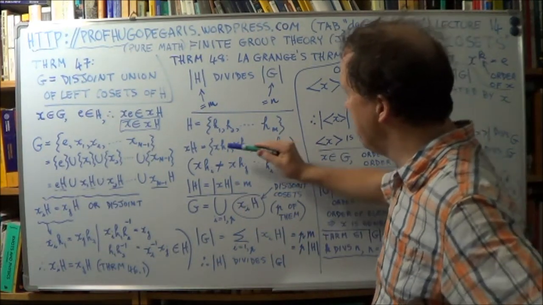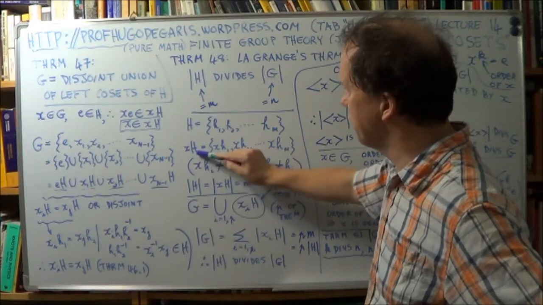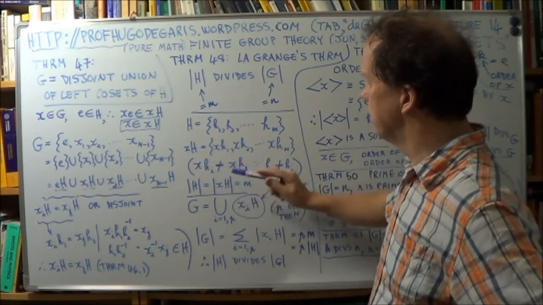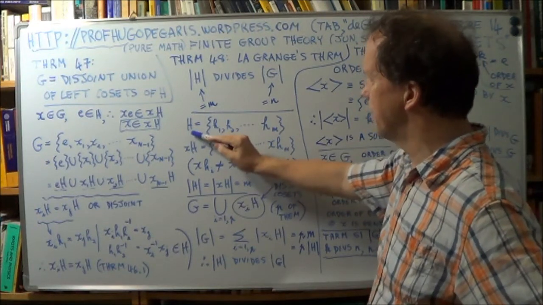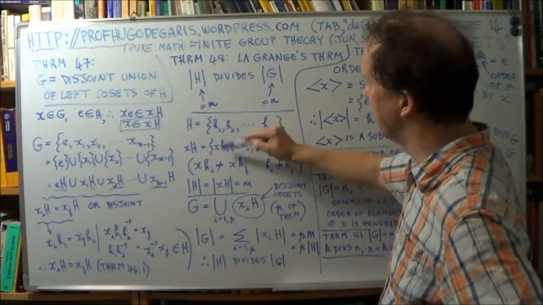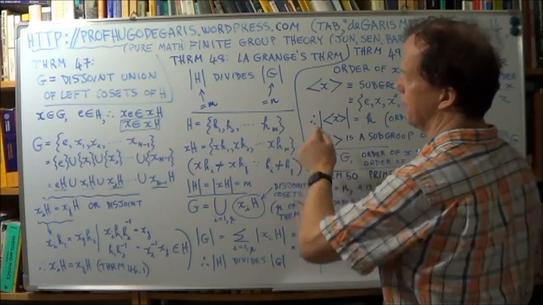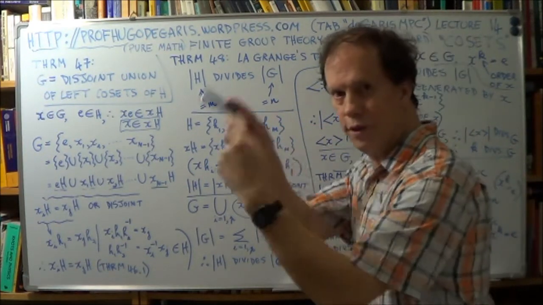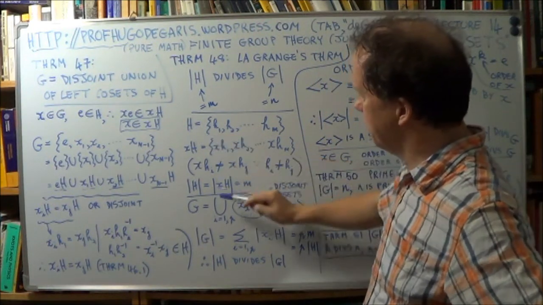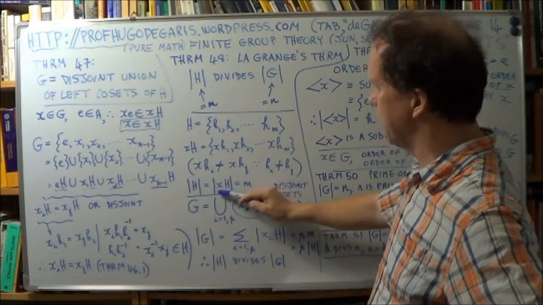Now look, how many elements do you have in xH? How many elements in the coset? Well, the same number as in the subgroup. They map one to one, so the number of these is equal to the number of these, and vice versa. So the size of H is equal to the size of xH.